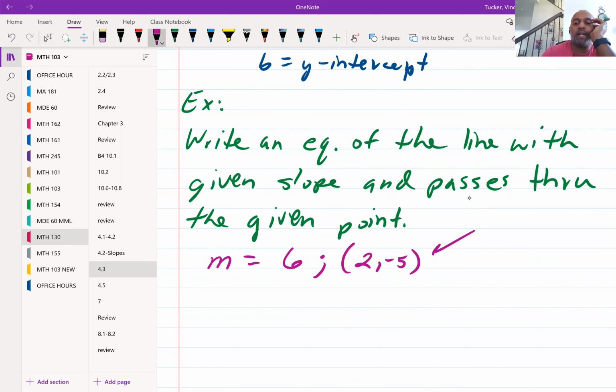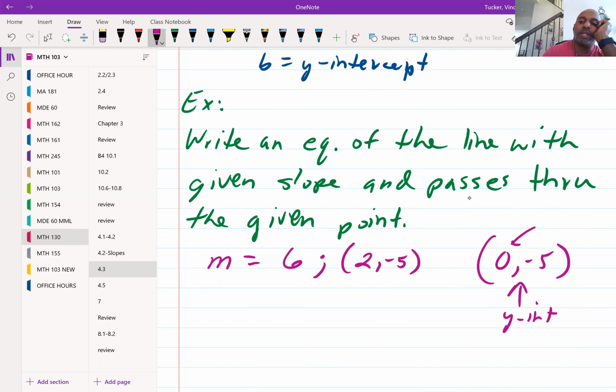So this is not slope intercept. Remember, for a y-intercept, x has to be 0. So that point would be a y-intercept because x is equal to 0. Now, this is not a y-intercept. It's just a generic point.